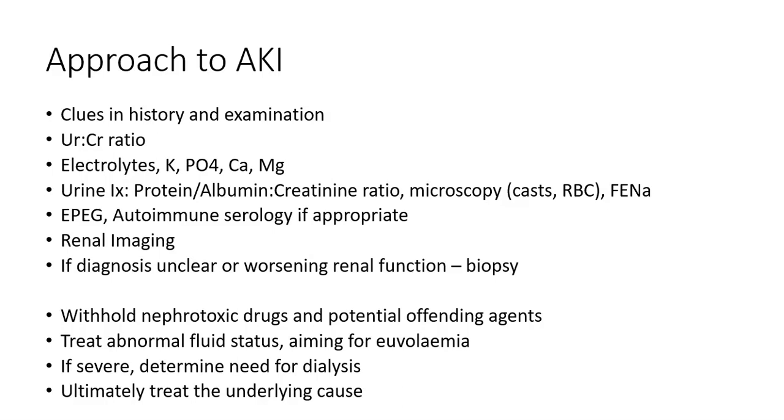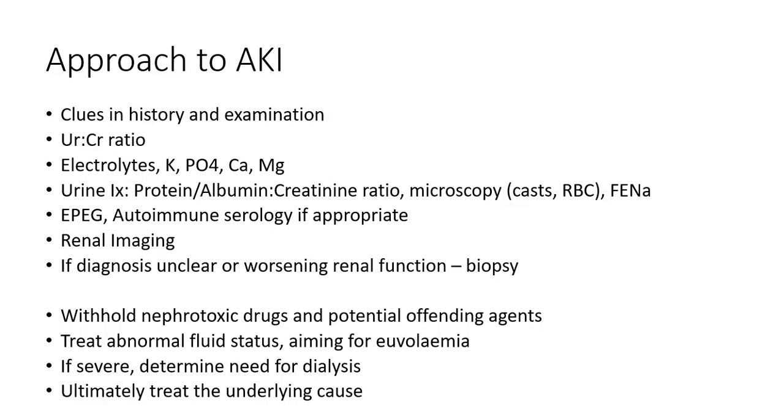Patients with AKI can present with an abnormal fluid status, particularly in the setting of a pre-renal AKI where they may be very dehydrated, and so you can treat this by giving them intravenous fluid. In contrast, patients with a severe or intra-renal AKI may be fluid overloaded, and therefore, particularly if they have signs of acute pulmonary edema, these patients need to have diuretic therapy, particularly with loop diuretics, to prevent worsening, potentially life-threatening fluid overload.